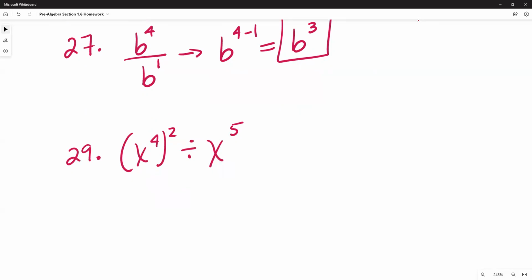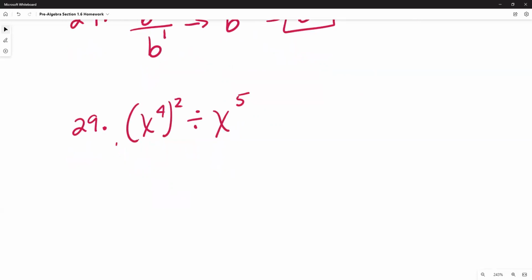What does Jim Doss tell us? Okay, so they're both x's, but we do need to simplify our exponent. So the exponent raised to an exponent first. So we do this guy first.